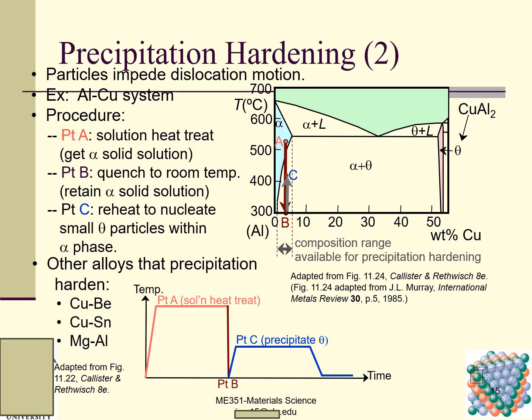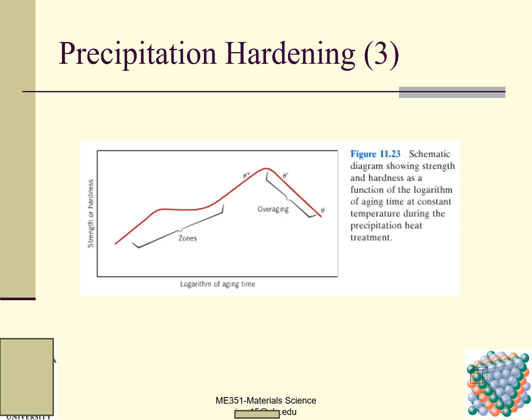Other alloys that precipitation harden include, for example, Cu-Be, Cu-Sn, and magnesium and aluminum alloys. Basic precipitation hardening: this is a schematic diagram showing strength and hardness as a function of the logarithm of aging time at constant temperature during the precipitation heat treatment.